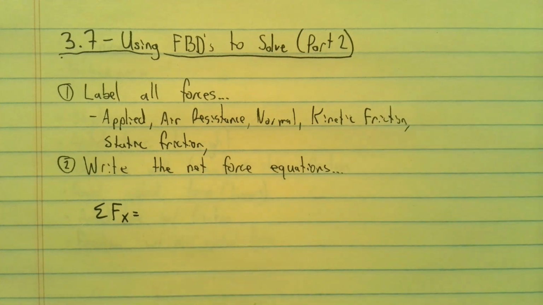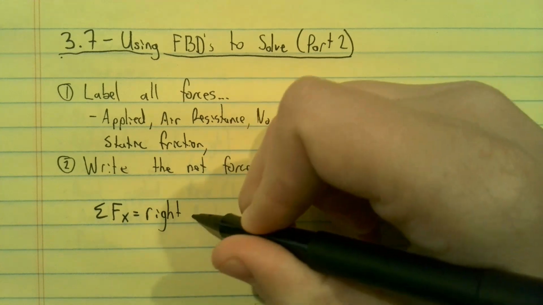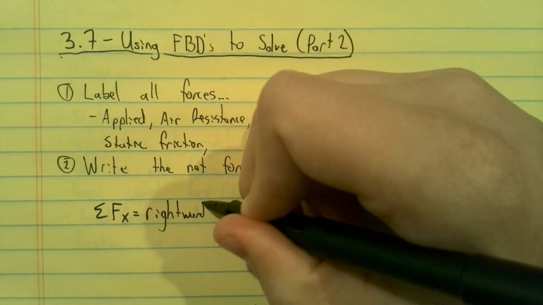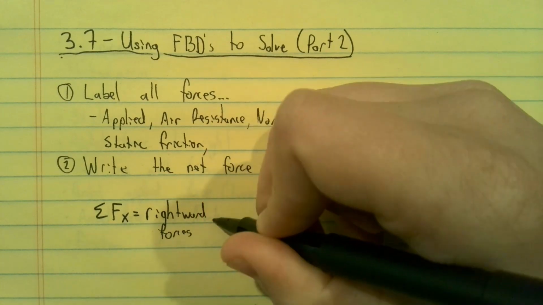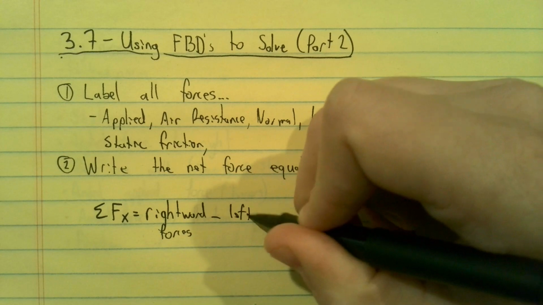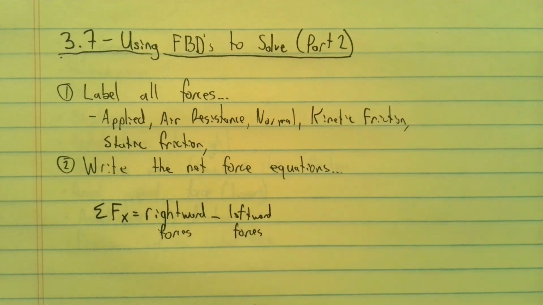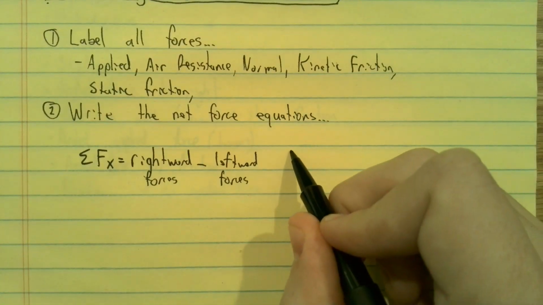The sum of your x forces is anything that points right, rightward forces minus leftward forces. So anything that's left is negative, anything that's right is positive.